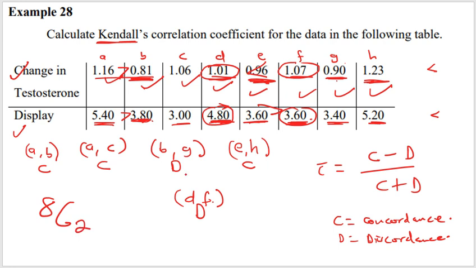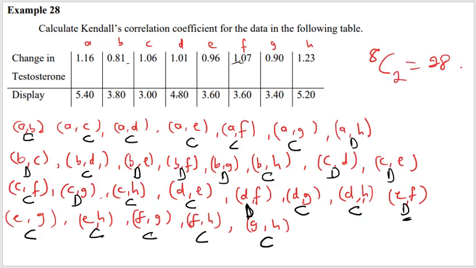And 8 combination 2 will give us 28. It means there are going to be 28 combinations, so we are supposed to pair them, all the different pairings. You can see that we have all these different pairings.